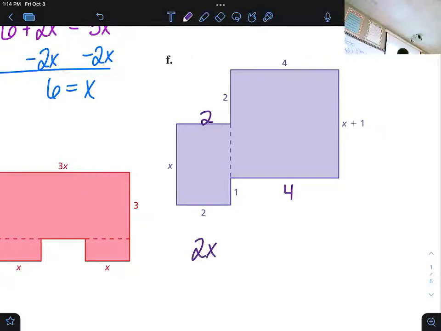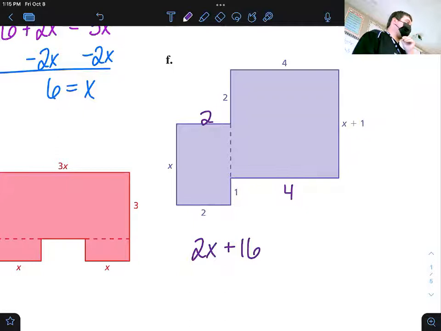What's it going to make when you add 2 plus 2 plus 4 plus 1 plus 4 plus 1 plus 2? Is it 16? I haven't even tried it yet. 16? Yeah, I think you're right. Okay. So that expression would represent the perimeter.